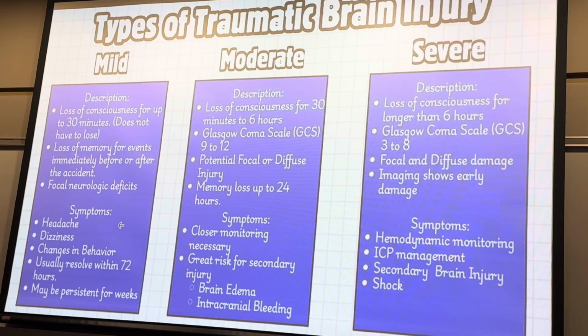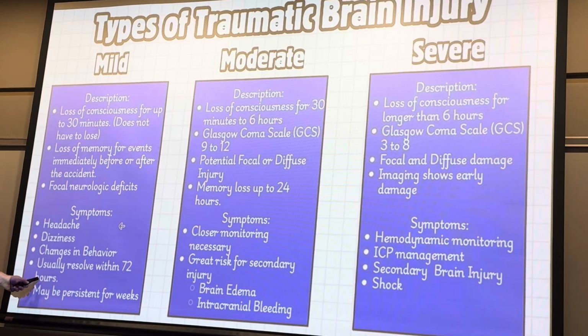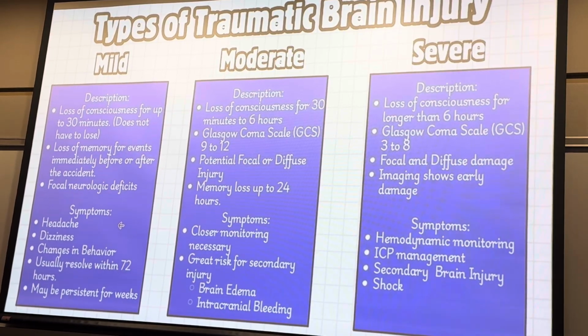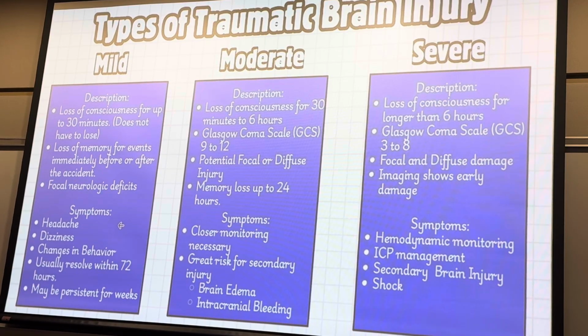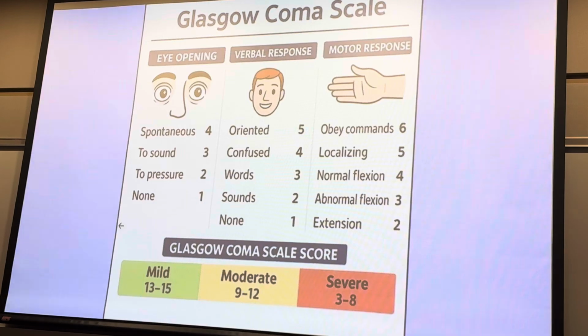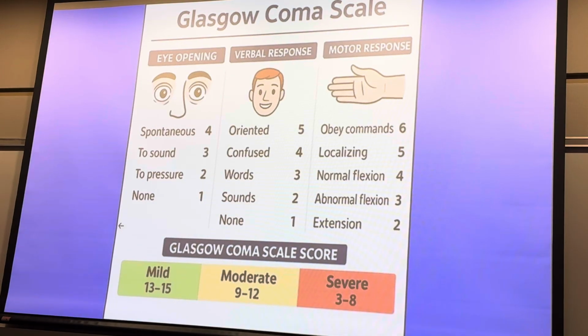It kind of shows you the differences in mild, moderate, and severe, and breaks this down and puts it in a table format. When we're grading or typing out these traumatic brain injuries, our Glasgow Coma score really comes into play. So let's look at our Glasgow Coma scale.